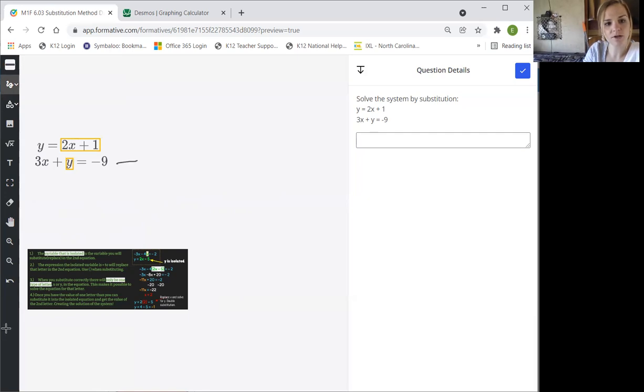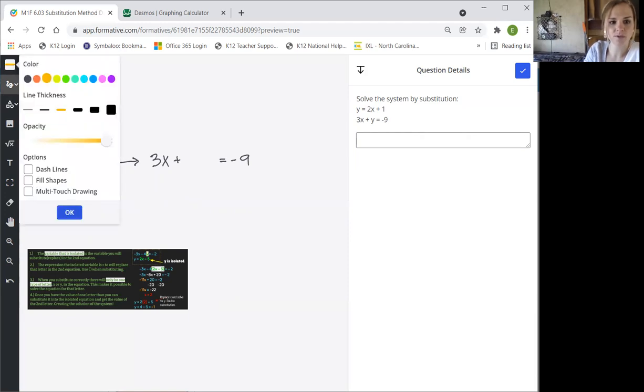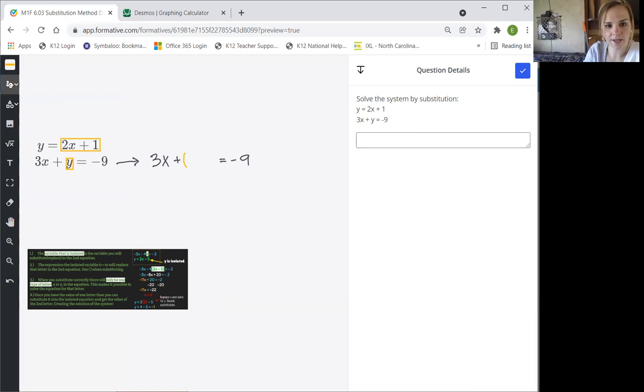So when we plug that in, we get 3x plus, and I'm going to leave a little space here for us to plug that in, and then negative 9. And we want to plug in what y equals. So 2x plus 1.